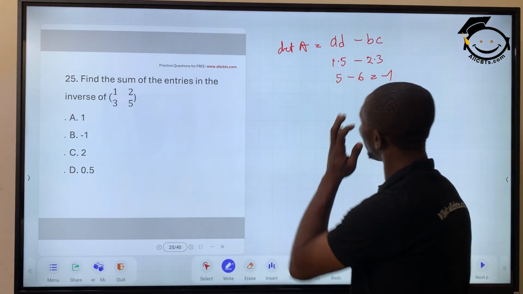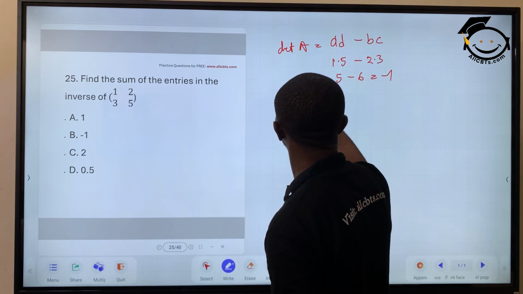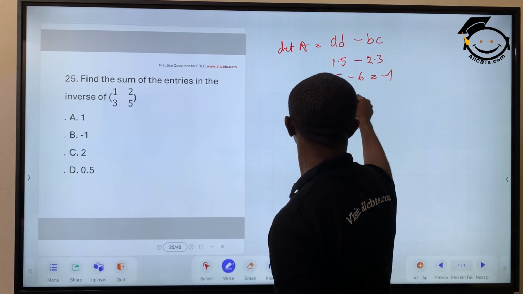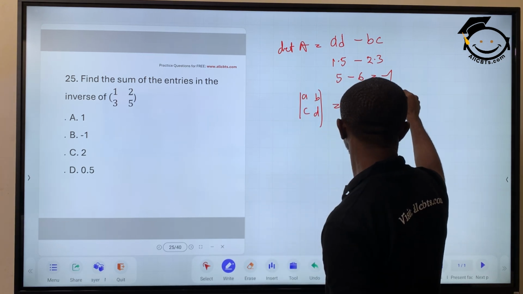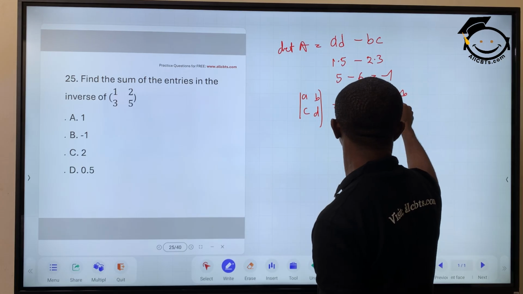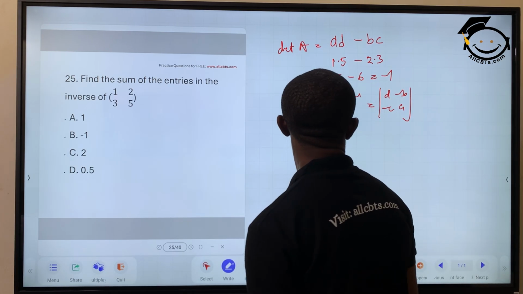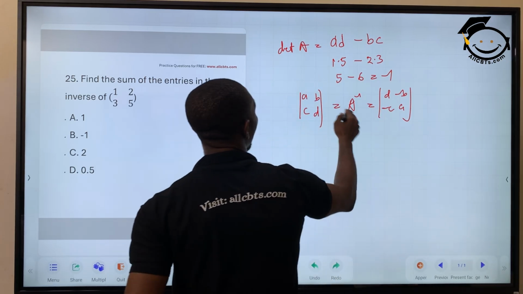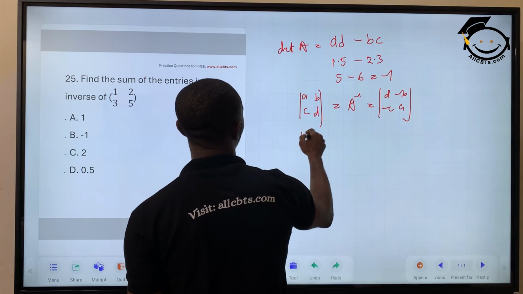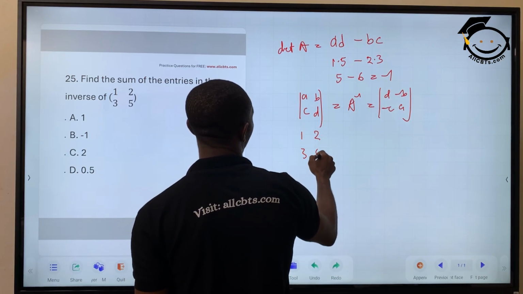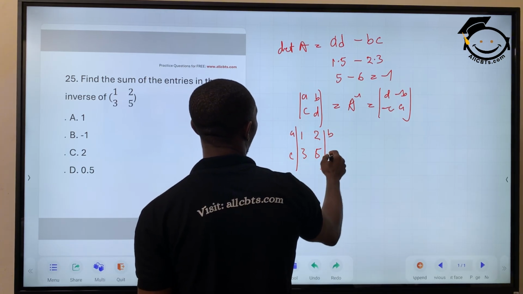So if we do the inverse of it, when we talk about inverse, for a matrix a, b, c, d, the inverse becomes d, minus b, minus c, a. Remember our matrix is 1, 2, 3, 5, where these are a, b, c, and d.